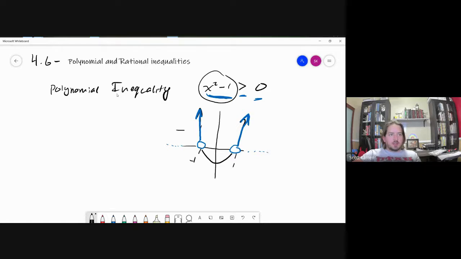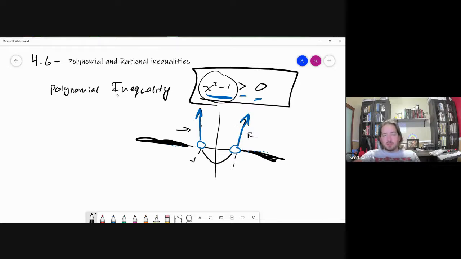So it's greater than 0 on these two separate intervals. That's all of these x values here and all of these x values here. So what x values give you x squared minus 1 is greater than 0? It's from -infinity up to, but not including, -1, unioned with 1, not including, up to infinity, right?